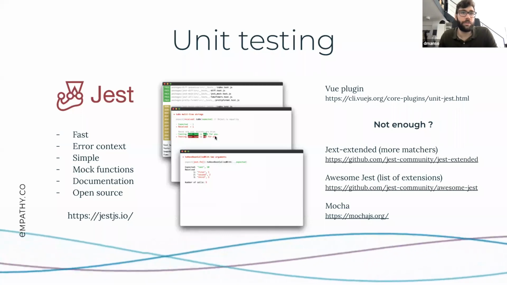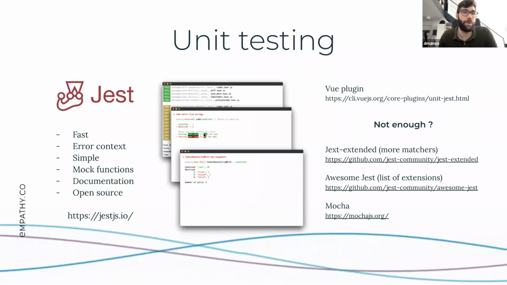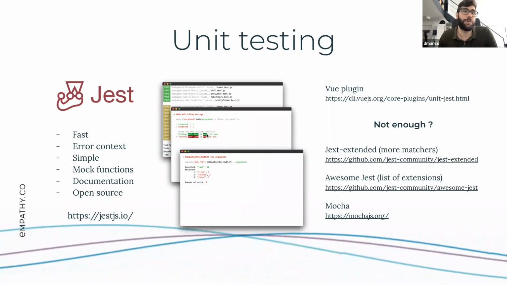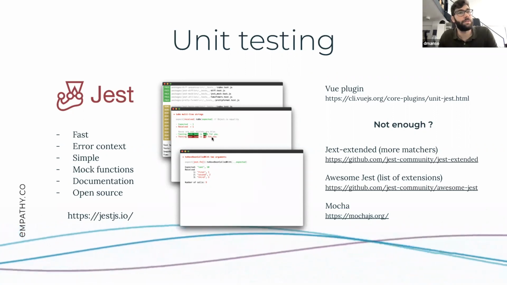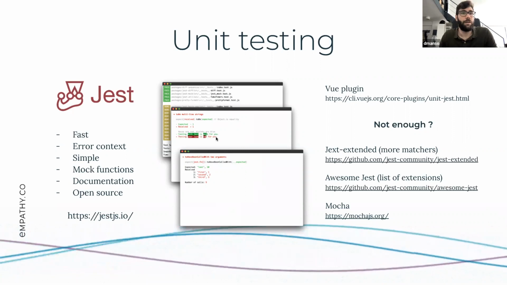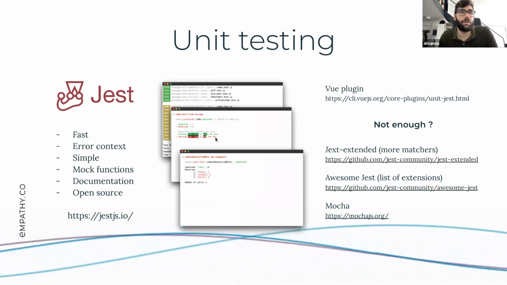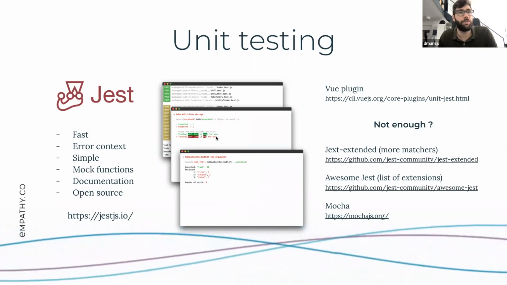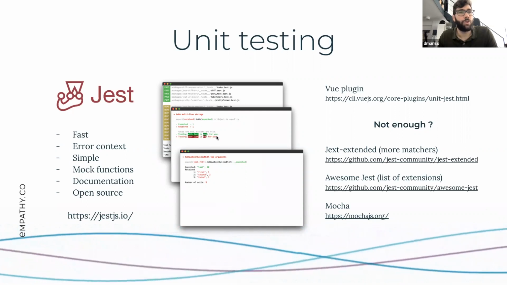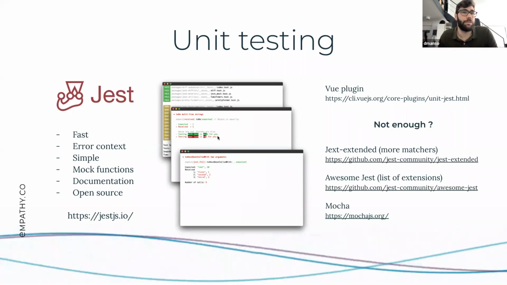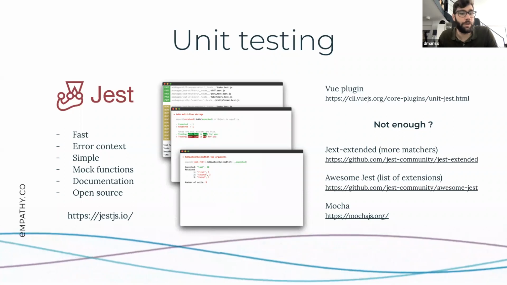We can see it in the second screenshot. This green part is the expected part, and this red part is the received part. And well, this is a very simple example, but we can have more complex objects, and this feature is very useful.